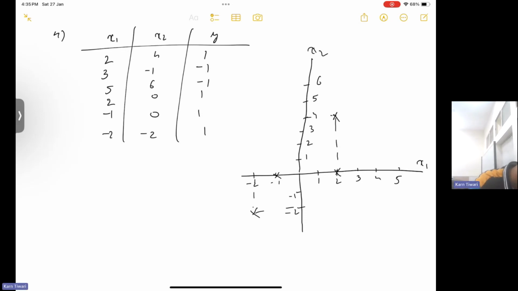For minus 1, 3, it's minus 1, and for 5, 6, it's minus 1.